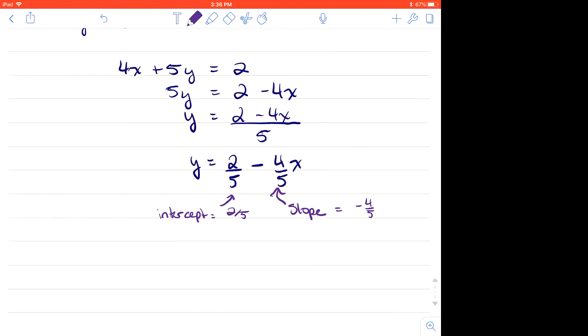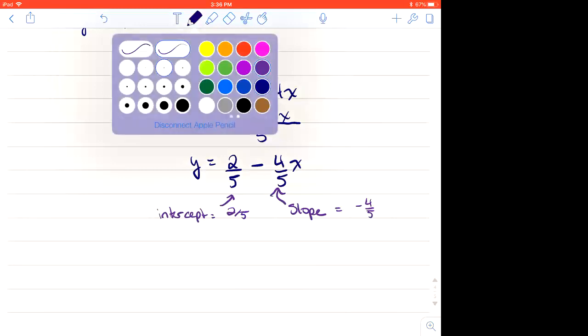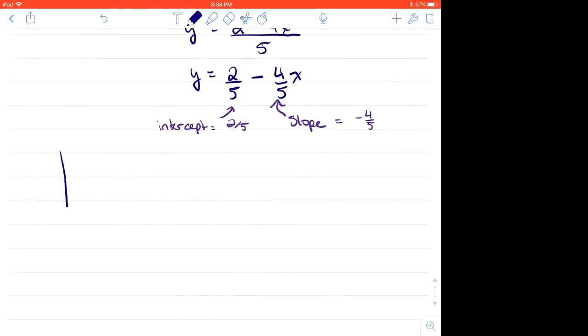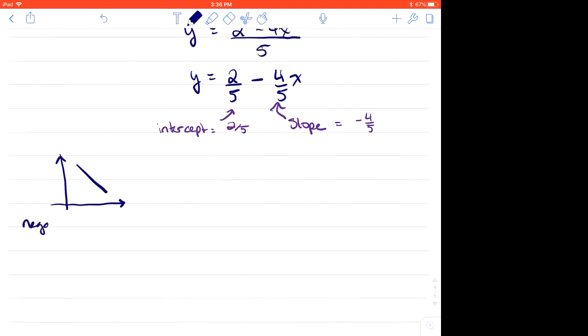Okay. And so let's just make a quick little side note here. All right, we can have a negative slope, right, where it's going down. So this is a negative slope. Or a positive slope.